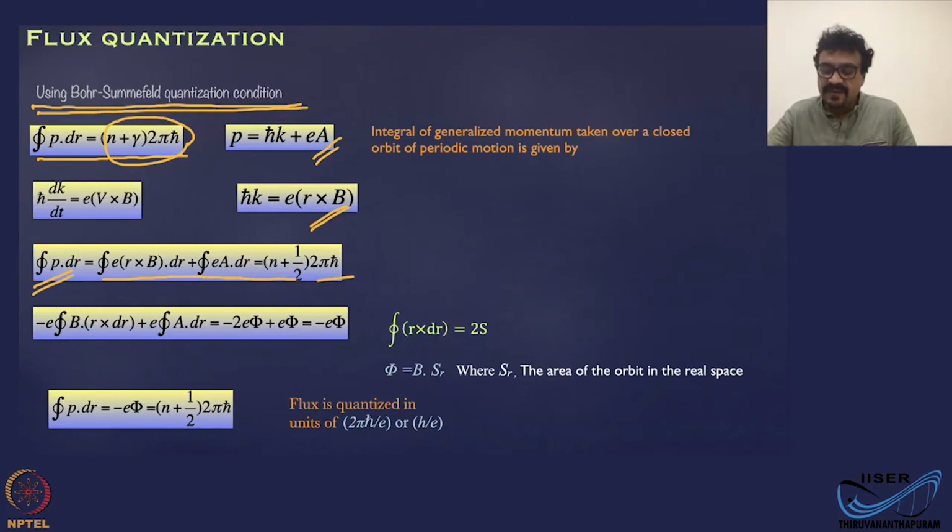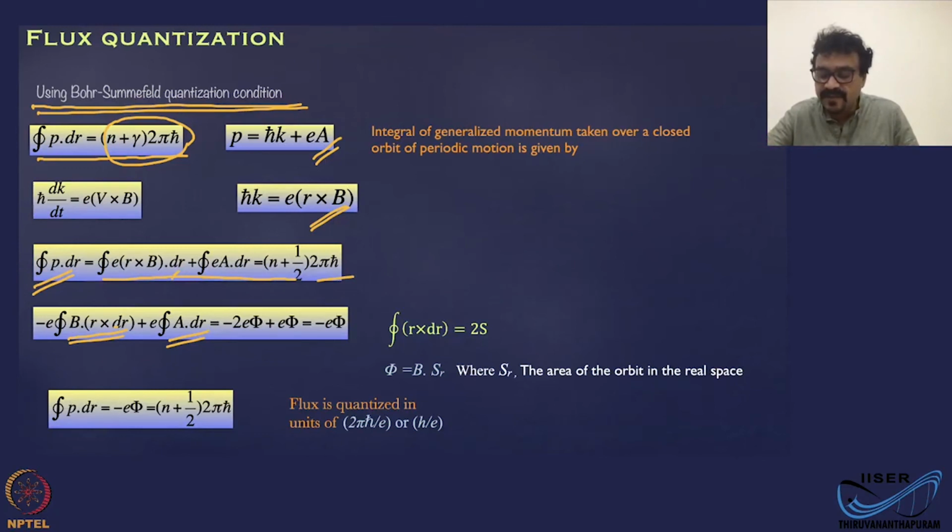Now this (R cross B)·dr, you can interchange cross and dot and you get B·(R cross dr) term, and this A·dr is the line integral over the vector potential on the entire path.